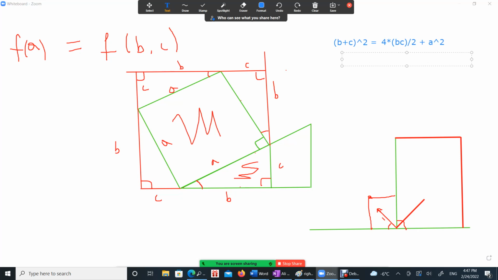So we have like here, trying to relate it to its components.